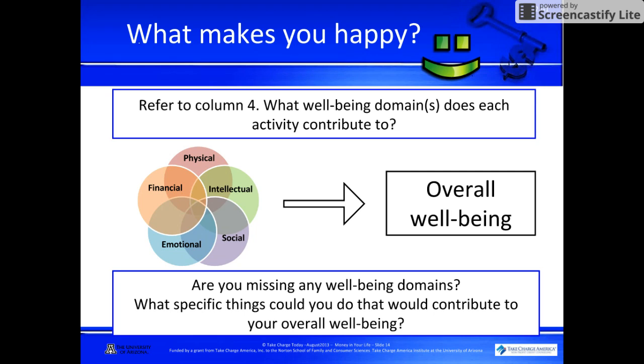Now, maybe all of them will be social. Maybe a couple will be financial and a couple will be intellectual. You do not have to have 5 different domains, but here's what you need to think about. Are you missing any well-being domains after you assign each of your activities to a domain? And then think about what specific things you could do that would contribute to your overall well-being.